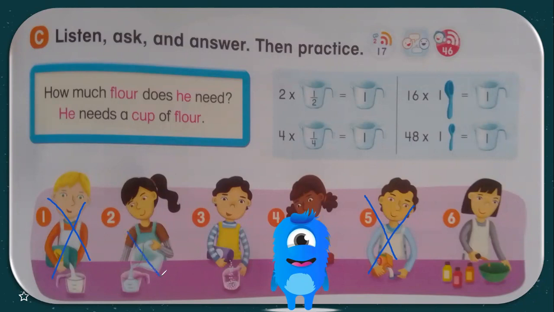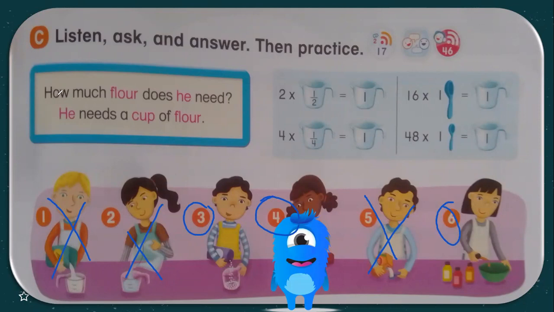Baking soda and water. So you have these three examples. Number 3, number 4, and number 6. You choose only one to do the Padlet.